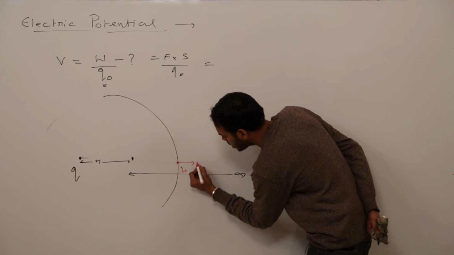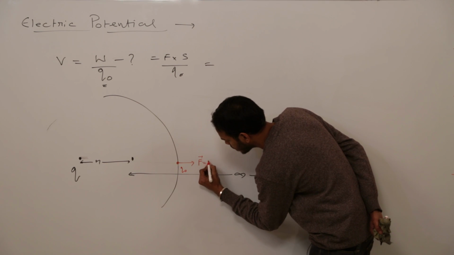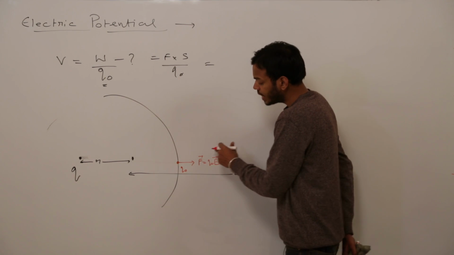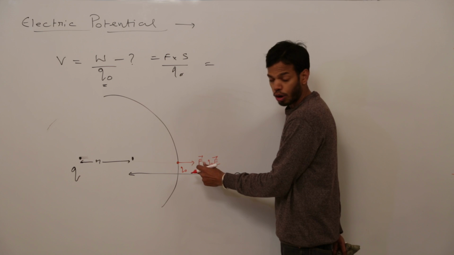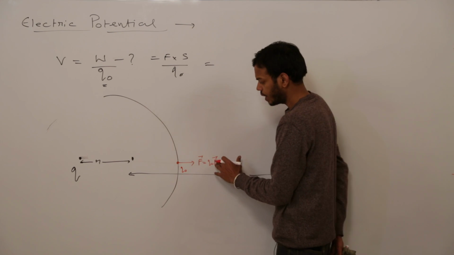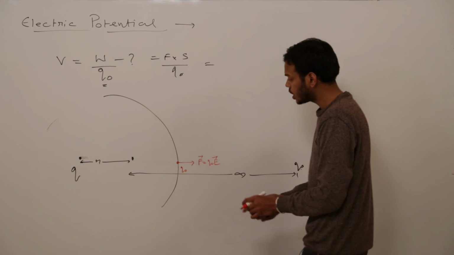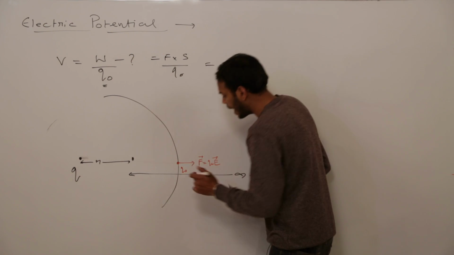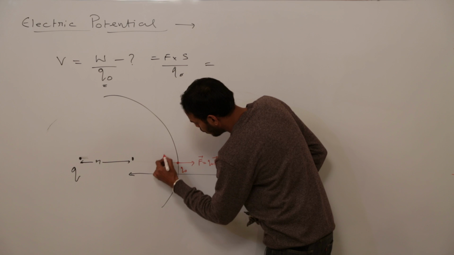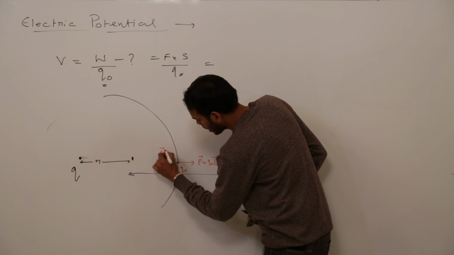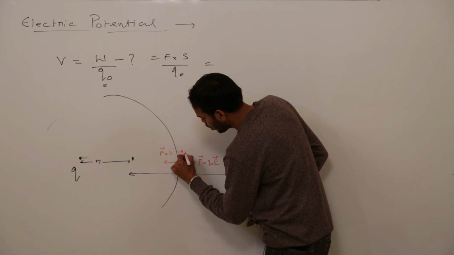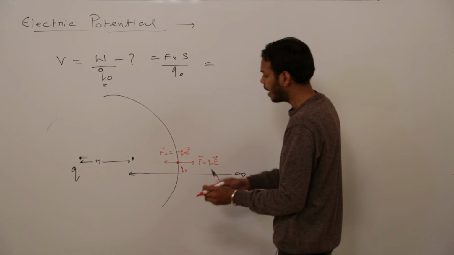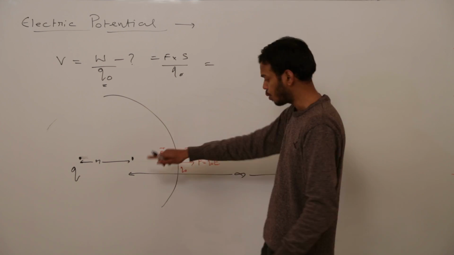So this will experience a force which is equal to Q naught E. I am writing the arrows because I am mentioning the vector form of force and electric field. So if I want this charge to further move in this direction up to this point, I will have to apply a force which will be equal to minus Q naught E, right? Equal and opposite to this force. That's why I am mentioning the sign of force, opposite.